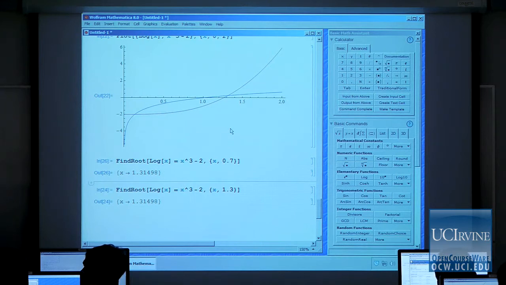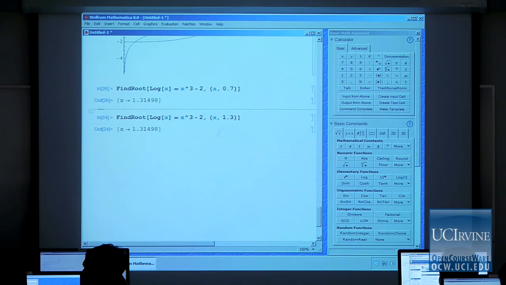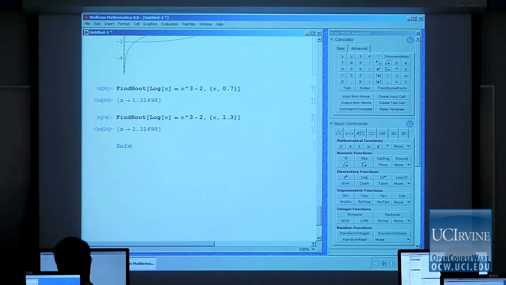What happens if you have more than one equation? Well, no problem. You can use solve and nsolve to find solutions. So let's do an example. We're going to say solve and make a list. y equals x plus 2, and y equals minus x squared plus 10.